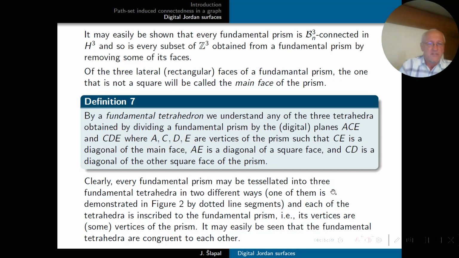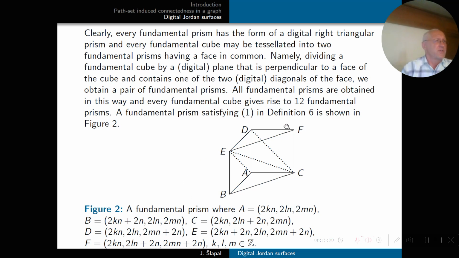The definition is somewhere here. So this fundamental tetrahedron is any of the three tetrahedra obtained by dividing a fundamental prism by the given rule. It is exactly what is explained here on this picture.